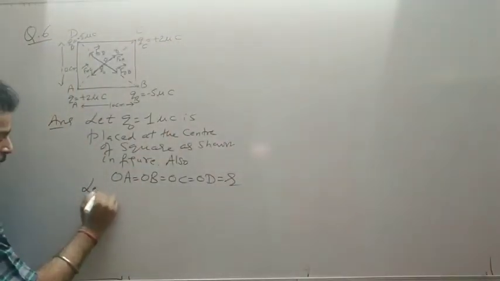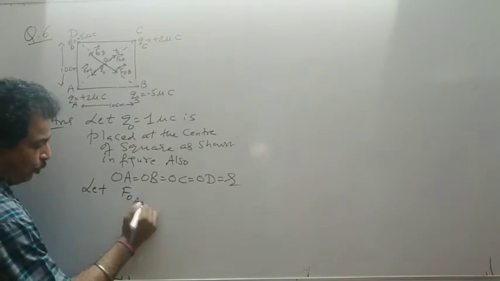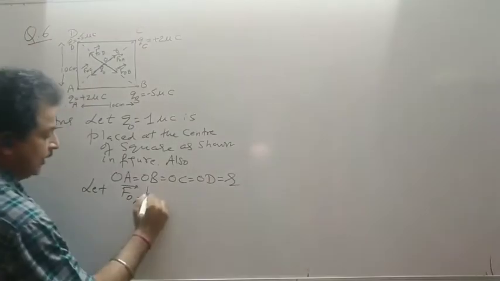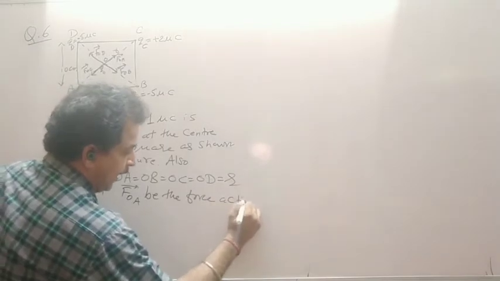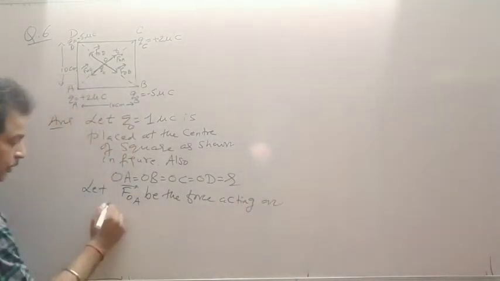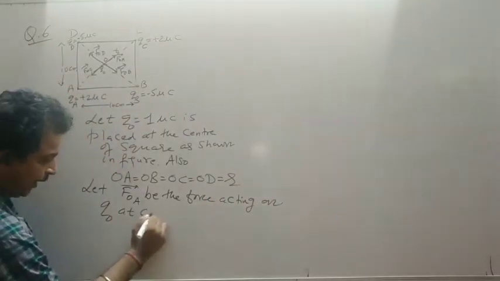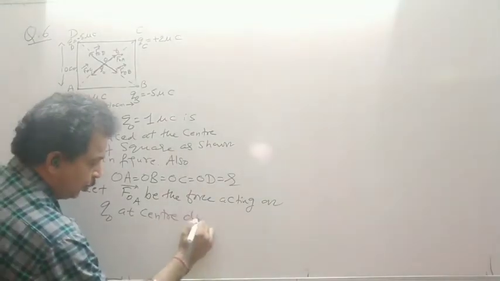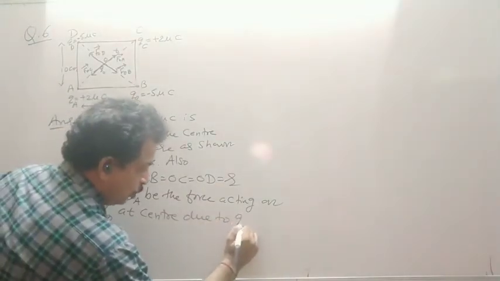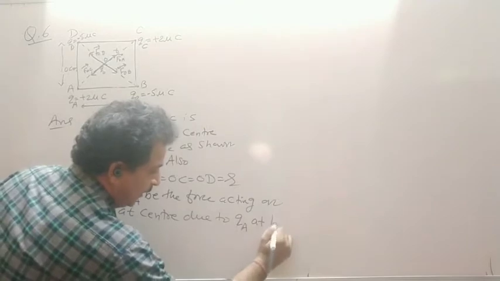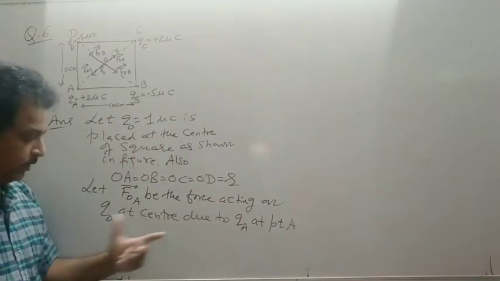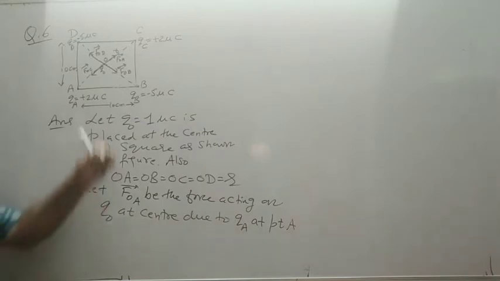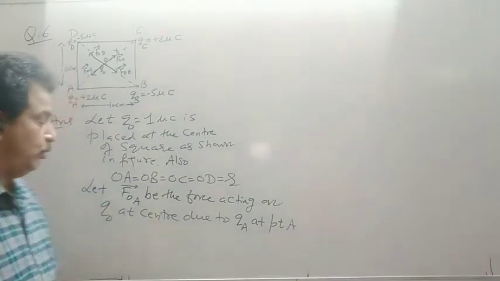Now let F naught A be the force acting on Q naught at the center due to QA at point A. Now I am writing the theory for the first part only. The other theory you can write by yourself.